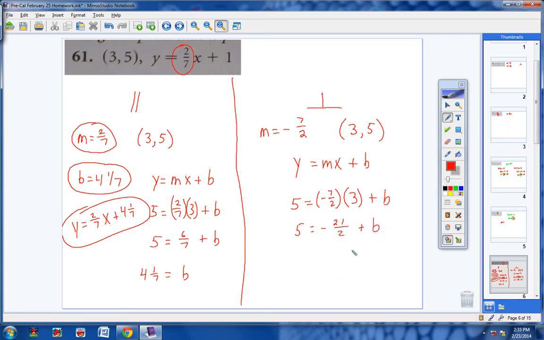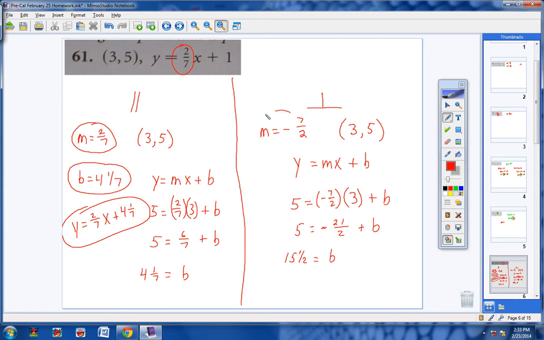plus b. And then if you bring the negative 21/2 over and make it positive, you can use a graphing calculator to help you. 5 plus 21/2 is going to give you 15.5, or if you want to put 31/2, that's fine. Either way is fine.